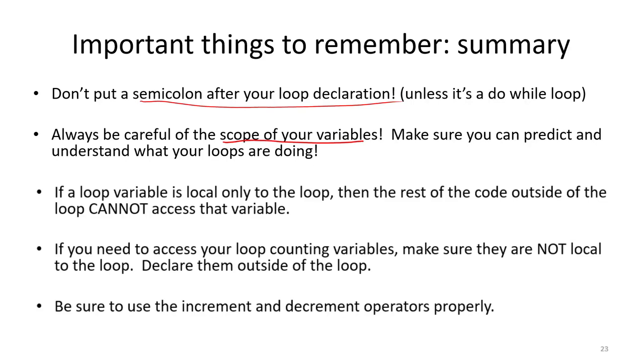And remember, if you need to access counting variables, make sure they are not local to the loop. Make sure you declare them outside of and before the loop starts. That will ensure that the variable is available both inside and after your loop has finished. And finally, be careful to use the increment and decrement operators properly.